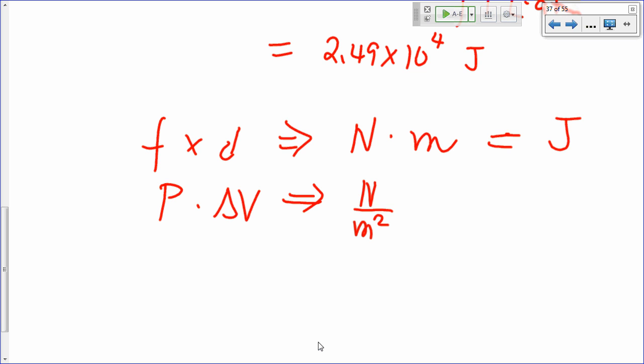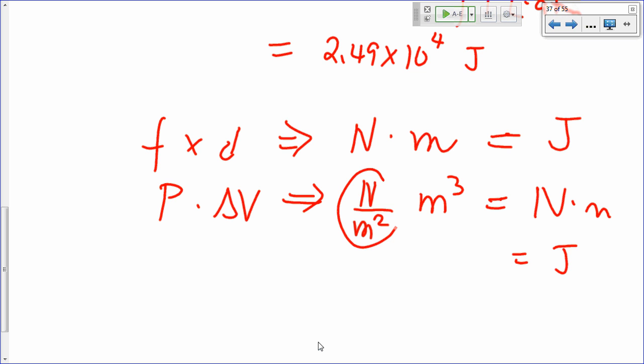Length times length times length, so it's cubic meter. So what's Newton per meter squared times meter cubed? Newton times meter, which is a joule. Okay, so a pressure unit times a volume unit is a joule.